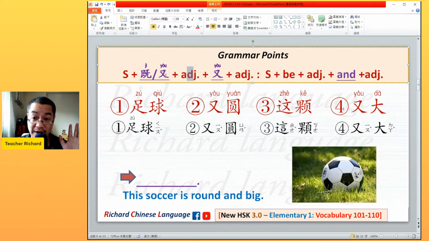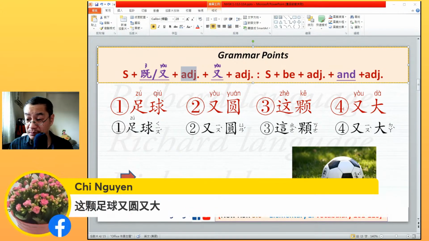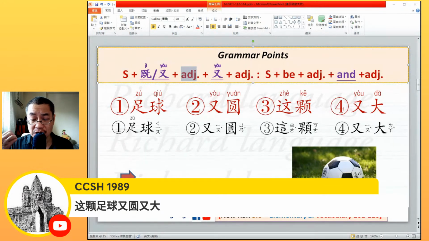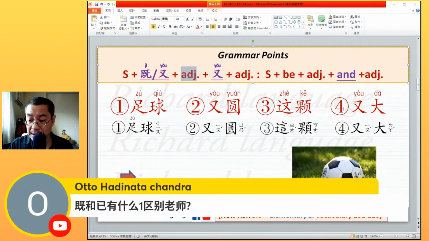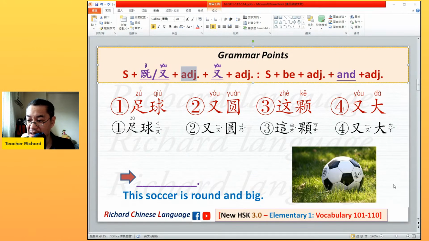Sometimes you can link two verbs with it, but mainly we use it to link two adjectives. 这颗足球又圆又大. We cannot talk about the rest in this lesson. That's a huge topic, so we'll talk about it maybe in the future. This is the grammar point we have to learn today: 既 adjective, 又 adjective, 又 adjective, 又 adjective.